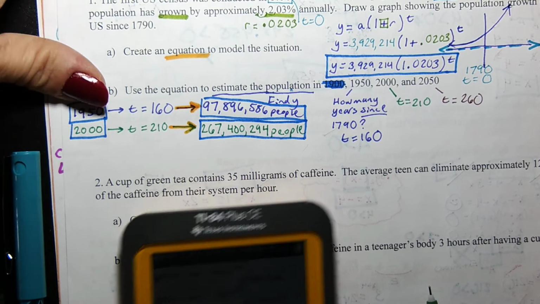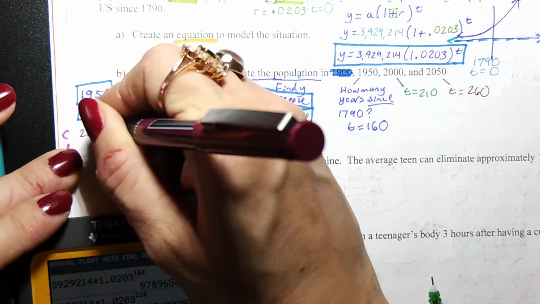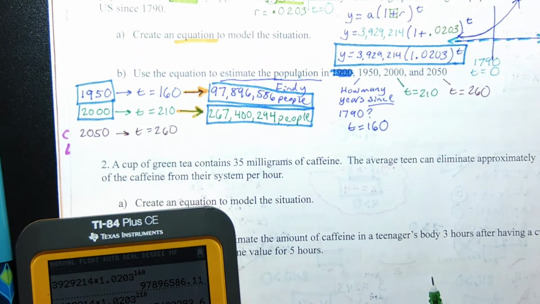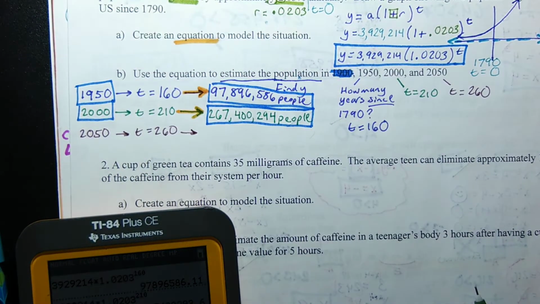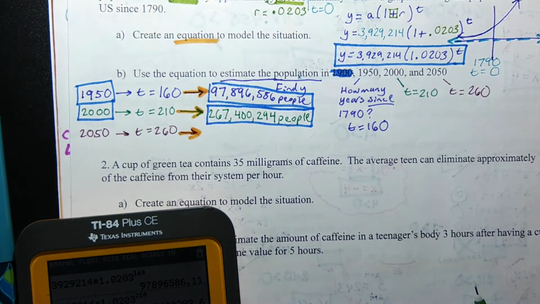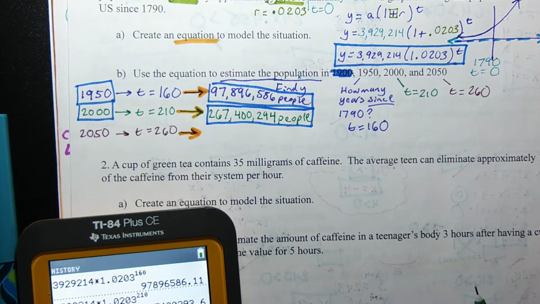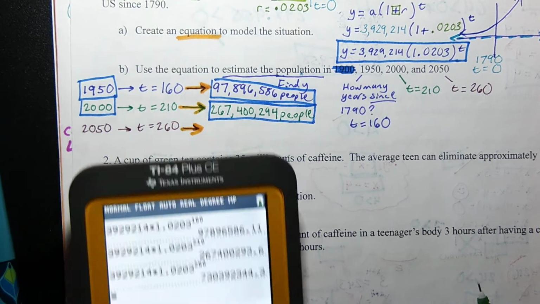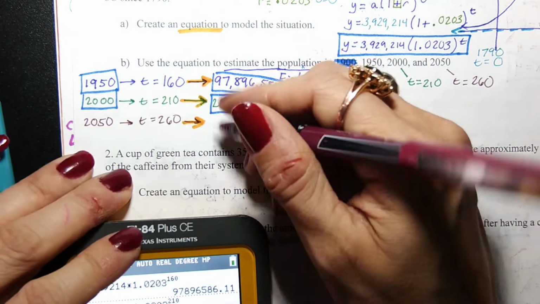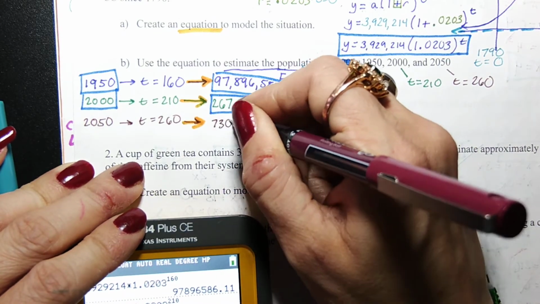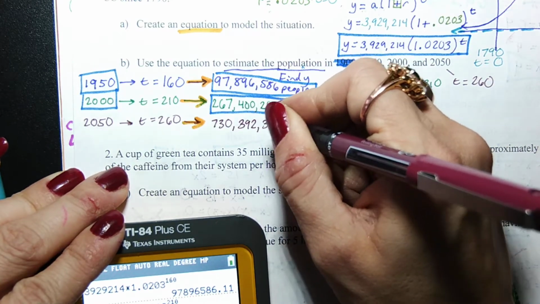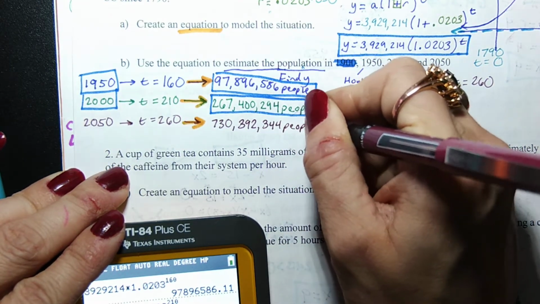Our t is 260 for the year 2050. We plug that into the model. And let's see what we got for rounding. Is the 0.3 enough to bump us up? No. So we get 730,392,344 people.